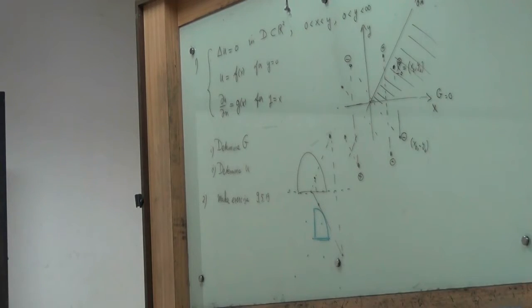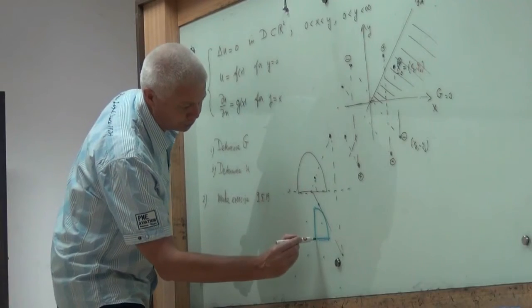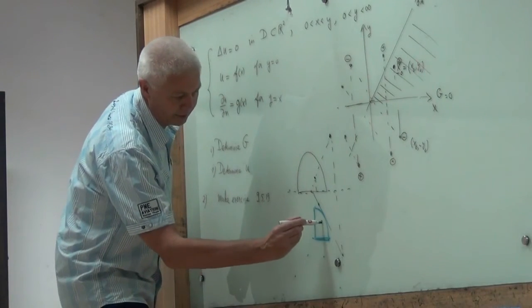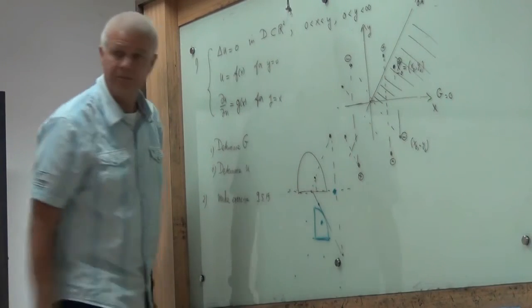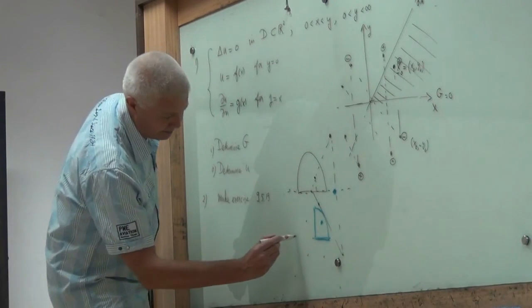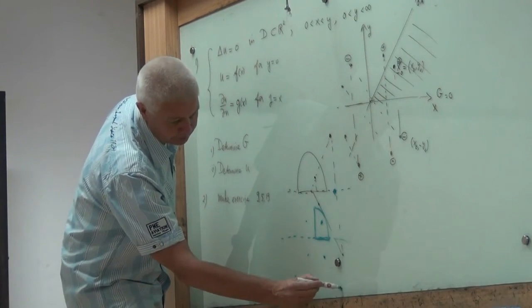If I give you a quarter circle, to make it more difficult, take a quarter circle. For instance, this quarter circle, then here you have a point. Due to the circle, you will have this point.